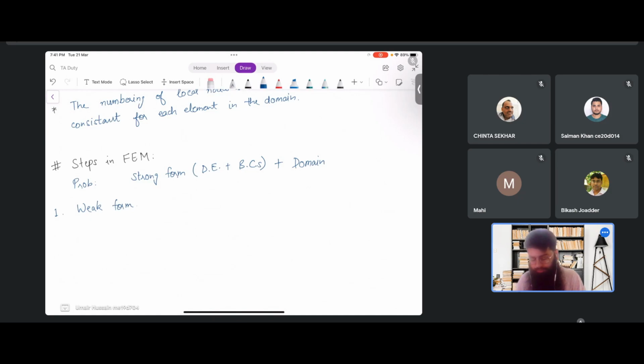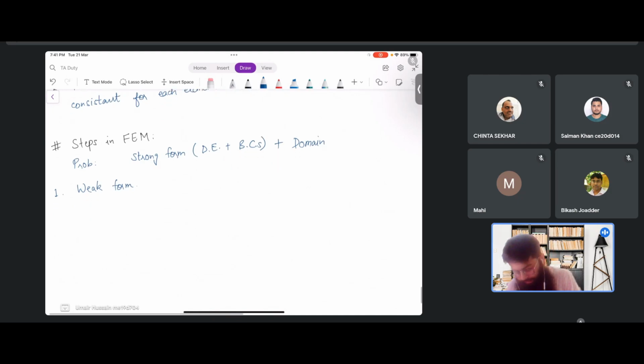Then the next thing is we discretize the domain. So here we'll get our nodal coordinates plus connectivity data.